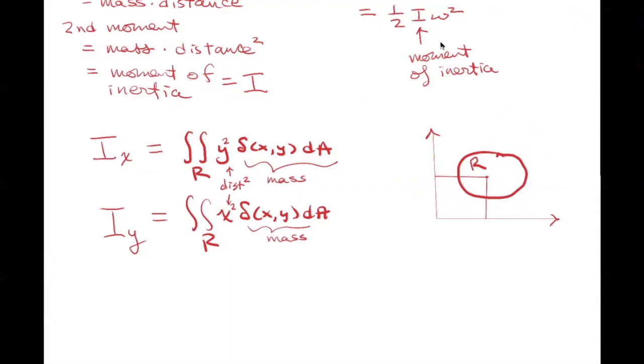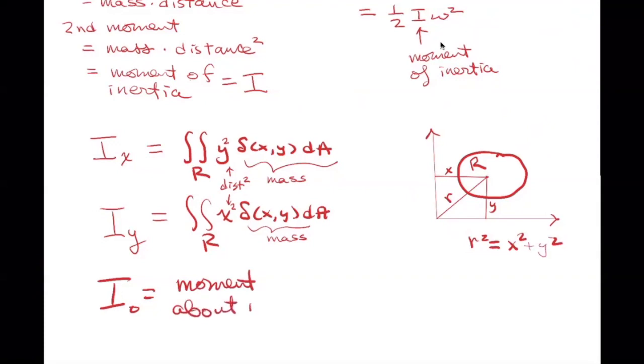So x is the distance to the y-axis and y is the distance to the x-axis. You can also rotate around a point. So this distance would be r, and you know that r squared is equal to x squared plus y squared. I0 would be the moment of inertia for rotation about the origin. I should say moment of inertia, my bad.